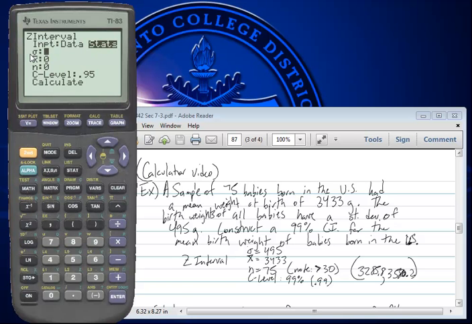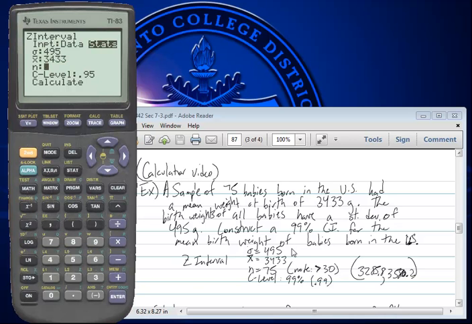All right, so it asks for sigma first. We have to know that population standard deviation, and in this case that was 495. You'll notice that this one didn't say that we knew that we had a normal distribution. That was part of one of our requirements, but what we do have is a sample size that's larger than 30, and we'll note that once we get to the end part. So standard deviation 495 for our population. The average of our sample, x bar, is 3,433 grams.